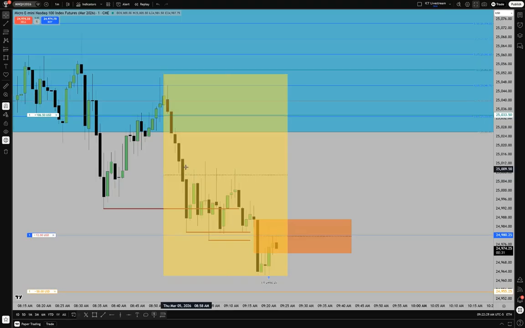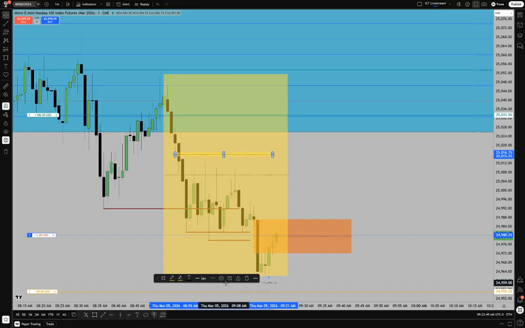So what do we have? We have a fair value gap there. We have that, which is really no consequence to me because I would require more than that for the trade.